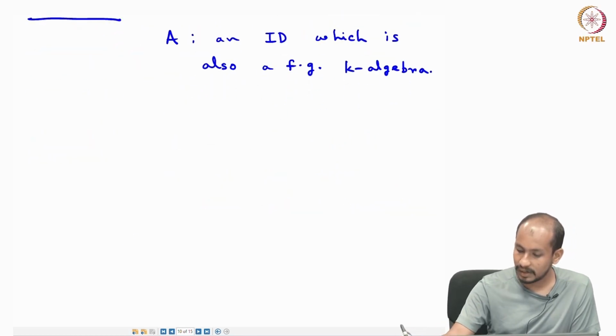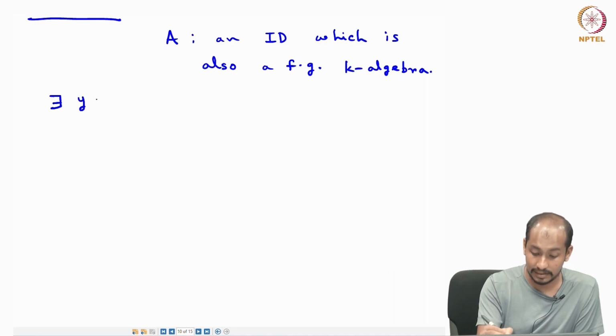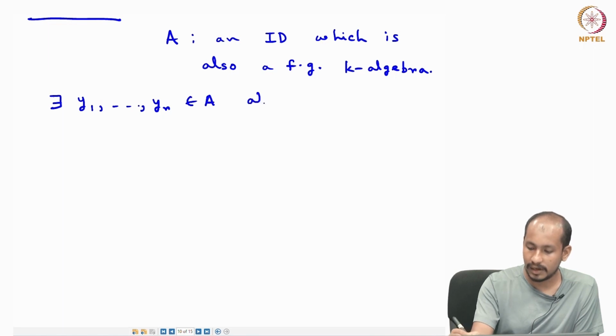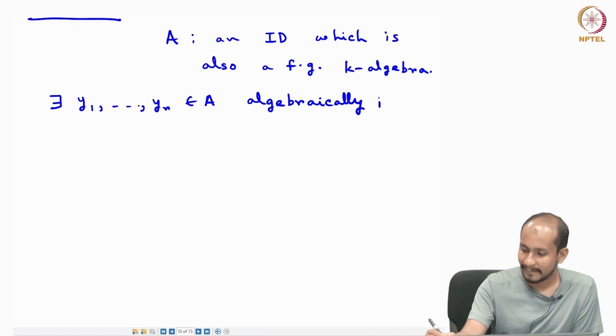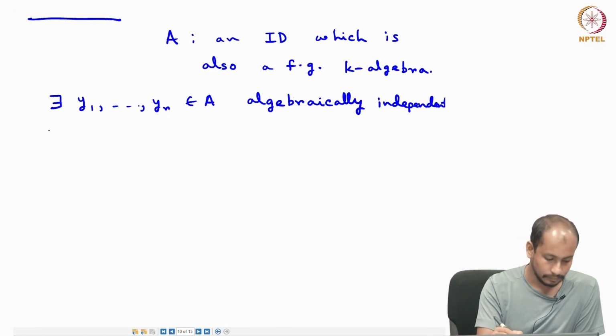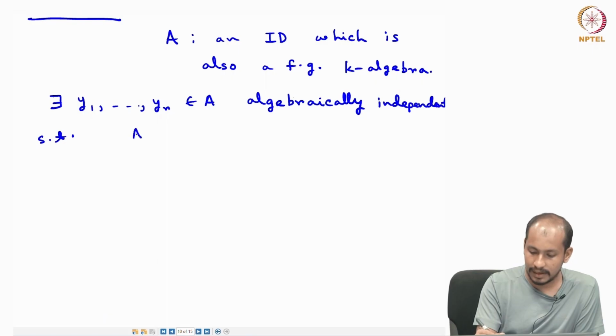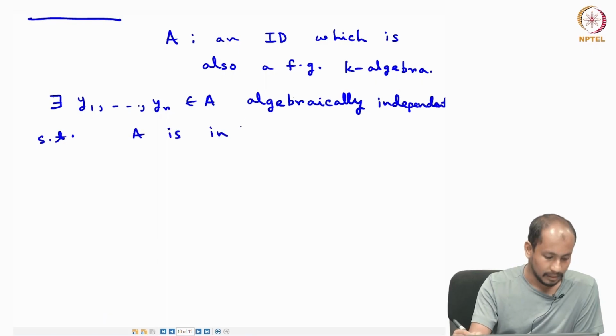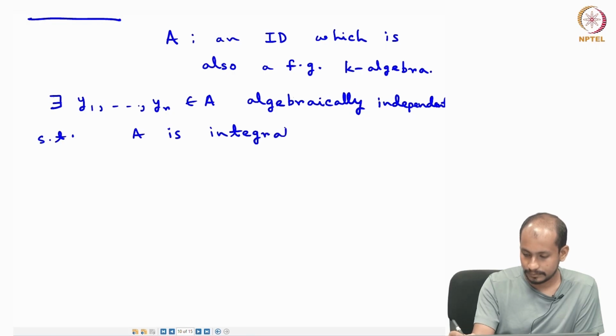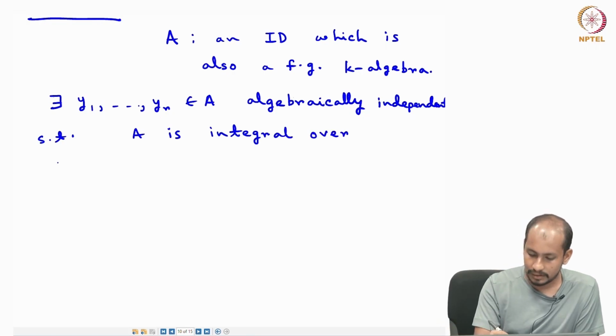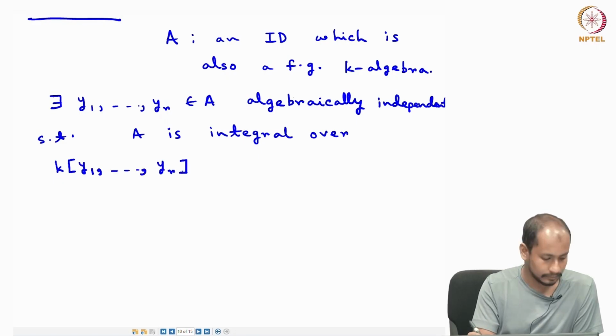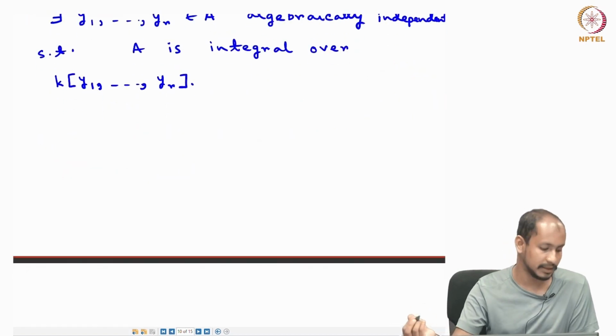So Noether normalization lemma states that there exists y1 up to yr inside A algebraically independent such that this A is integral over this K algebra generated by this y1 up to yr, right. This is what this Noether normalization lemma states.